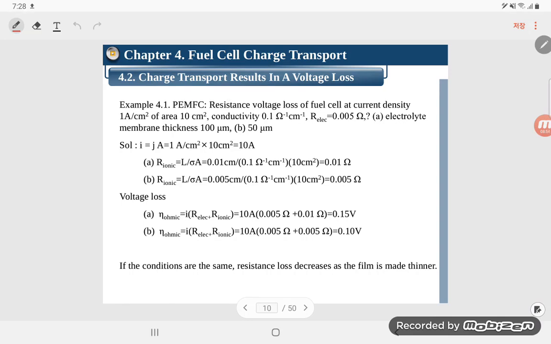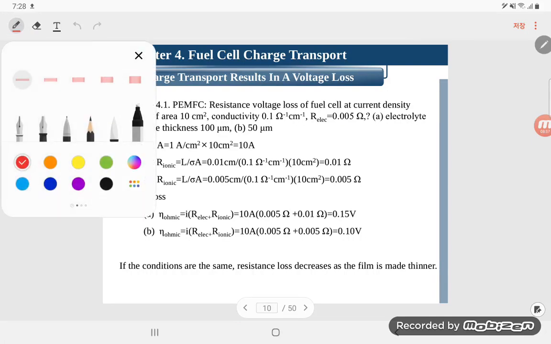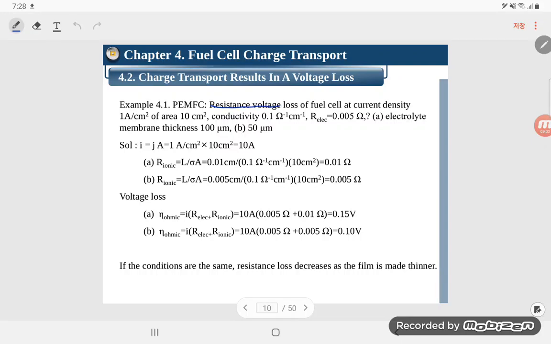Find the ohmic loss of the fuel cell at a current density J of 1 ampere per square centimeter, area of 10 square centimeters, and conductivity 0.1 Siemens per centimeter. And the electrical resistance is determined here.